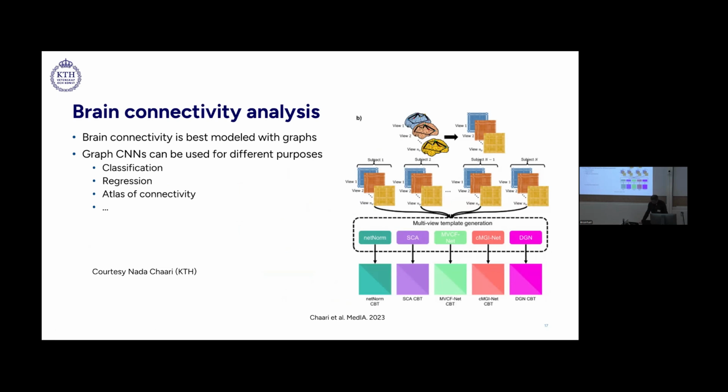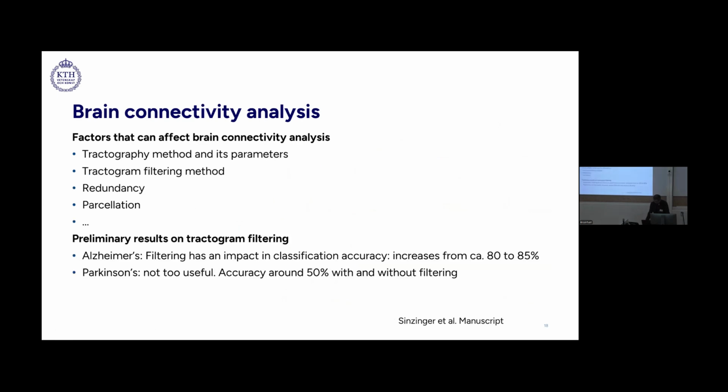So we have different projects now, and we use graph CNNs, for example, for classification, regression, etc. We are still on the manuscript, but since we don't have a ground truth, the idea was to use the disease as a way to evaluate the quality of tractograms.